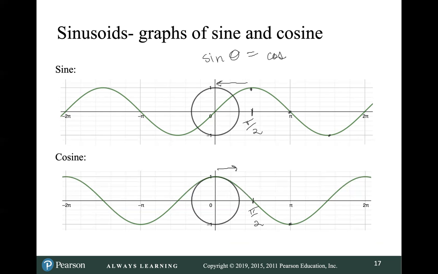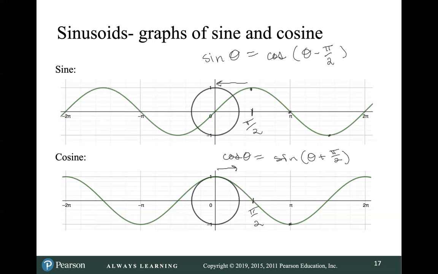To shift sideways, we add or subtract to theta. To shift to the right, we subtract pi over 2. Or we can say that cosine of theta equals sine of theta shifted to the left by pi over 2.